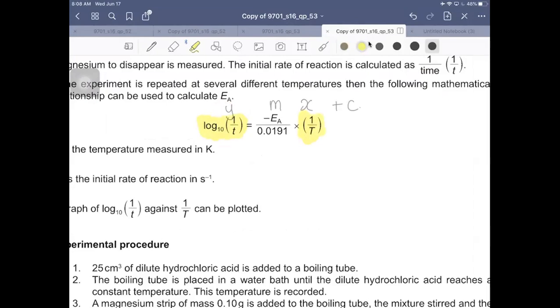Your c is 0. So that tells you that the graph must pass through the origin. The y-intercept of this graph is 0.